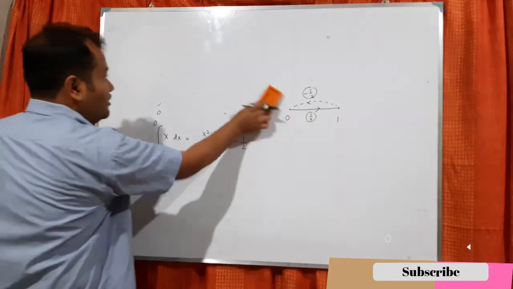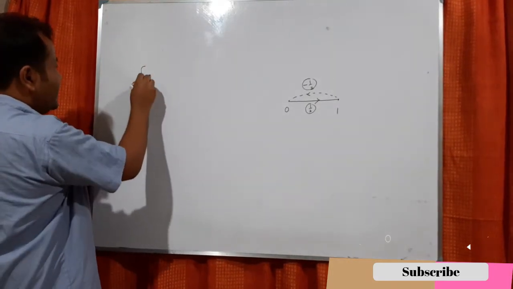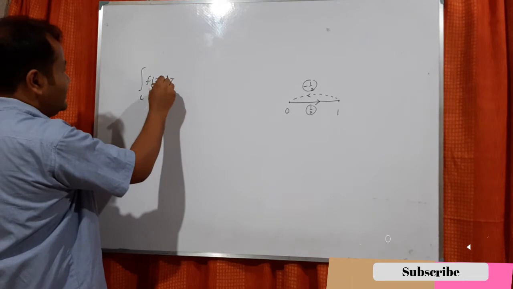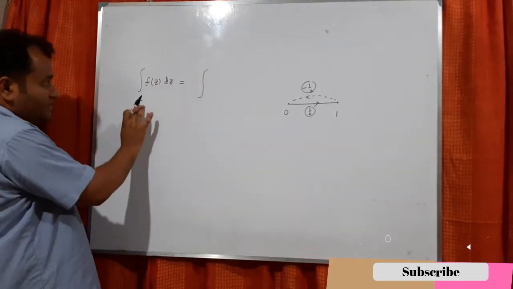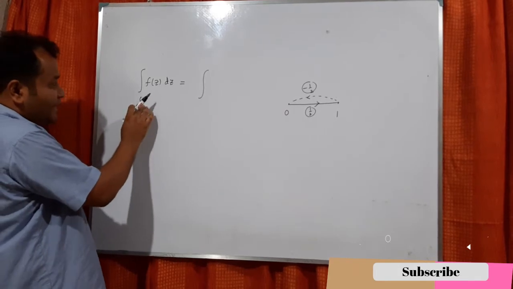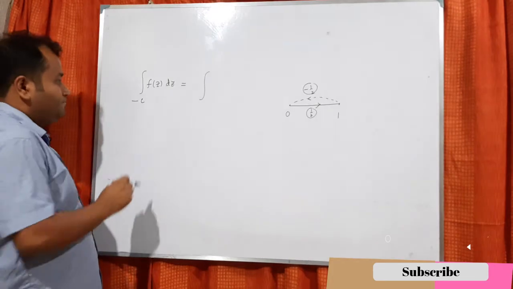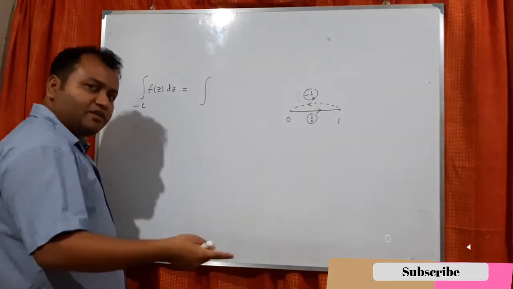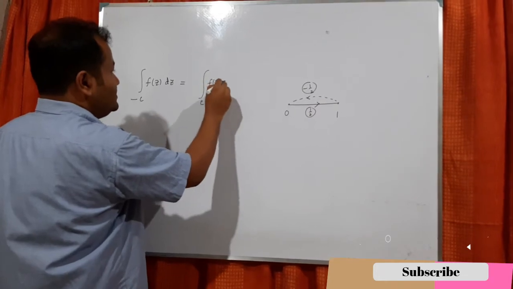So what is the meaning of this? The meaning is that the integral over C of f(z) dz is equal to minus the integral over minus C, where we take the same curve in the opposite direction, of f(z) dz.